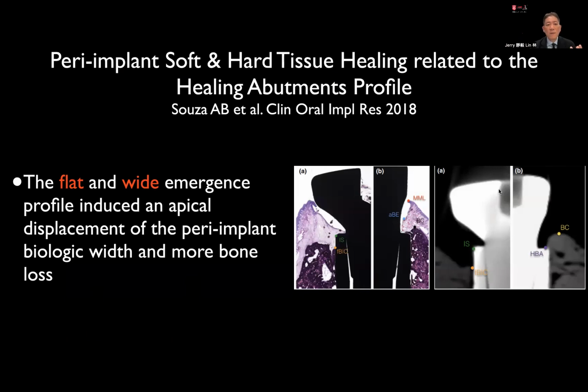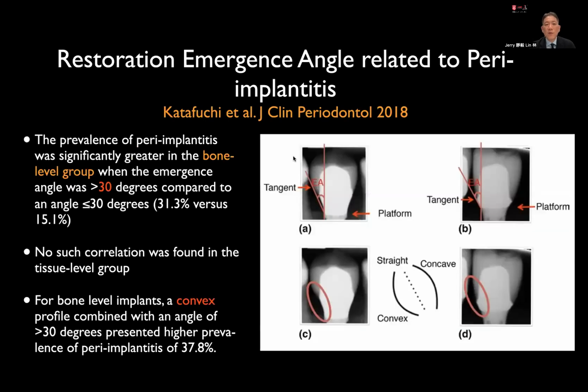And this is a study trying to figure out whether a relatively flat and wide healing abutment would also affect the bone stability. And of course, we now come to an agreement that the emergent profile should be at a degree that is more than 30 degrees, because we're giving some running room for the soft tissue.